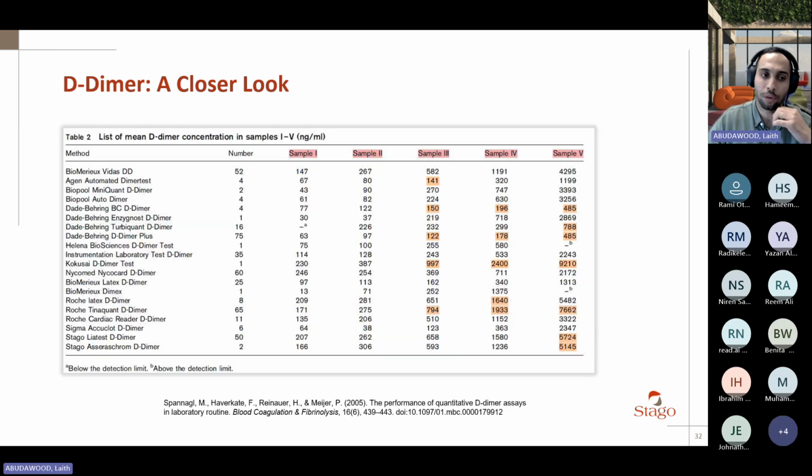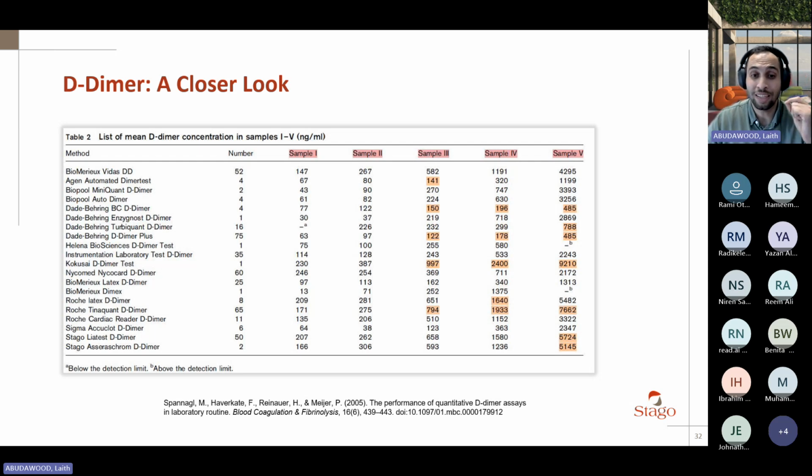To give you a small example, the column to the left, these are different D-dimer assays from different manufacturers. We have 5 samples that you compared. Sample 1, sample 2, sample 3, sample 4, sample 5. If you look at these results, especially the ones highlighted in orange, look how different the results are from different manufacturers for the same sample.